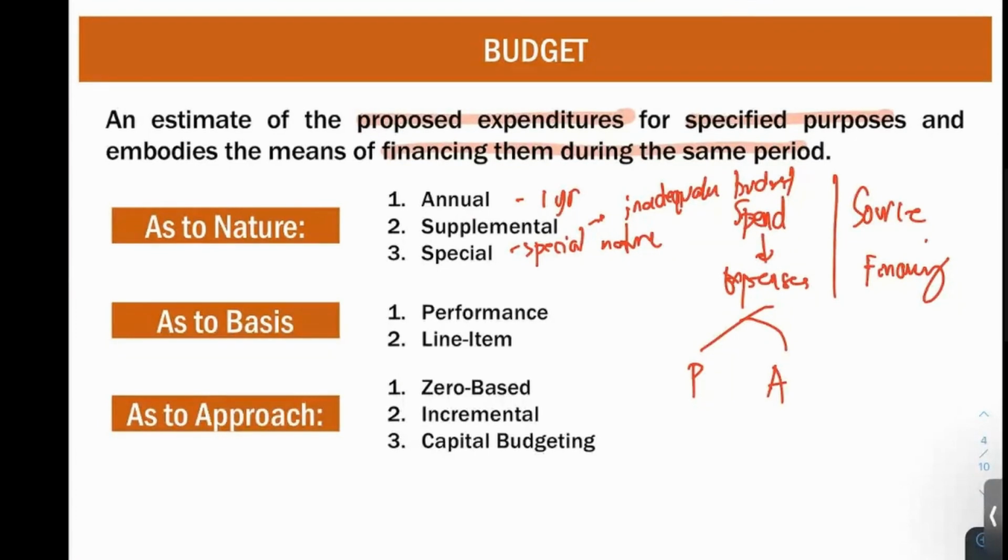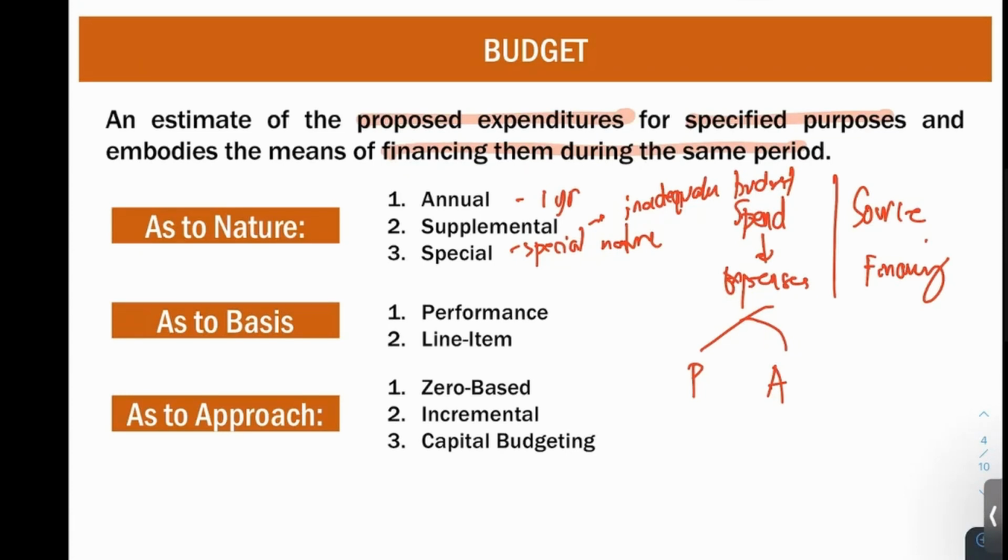Next kind of budget, as to basis, we have your performance budget. This emphasizes the programs or services or functions or projects of a particular government agency. While line item budget talks about your different objects of expenditures. So per line item. Let's say for example, the line items are travel, operating expense, and salaries and wages.